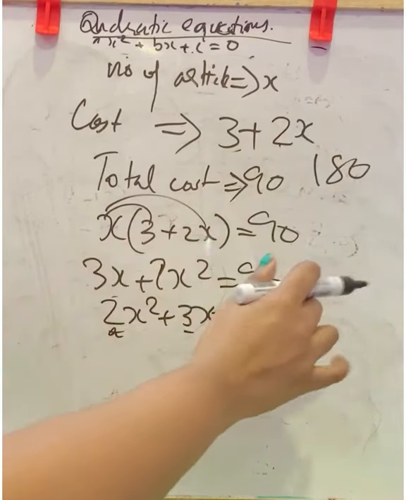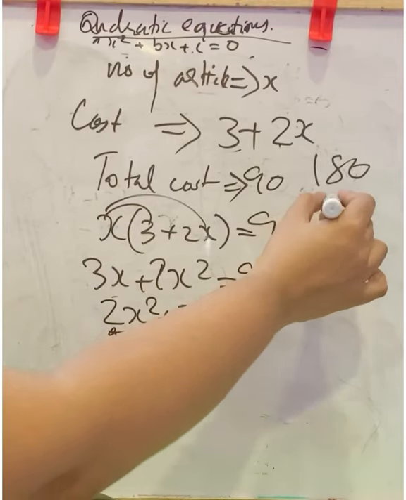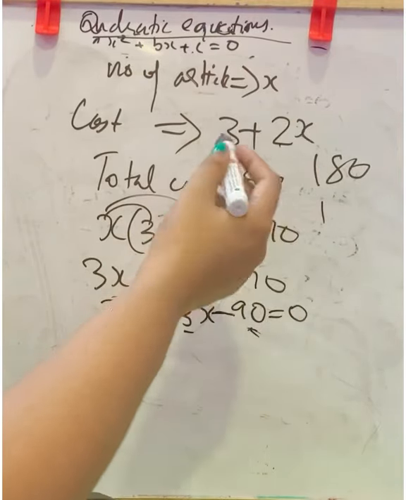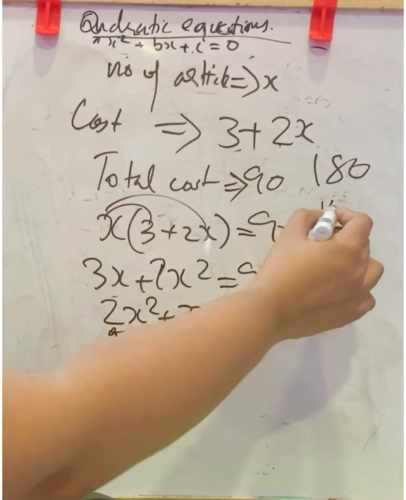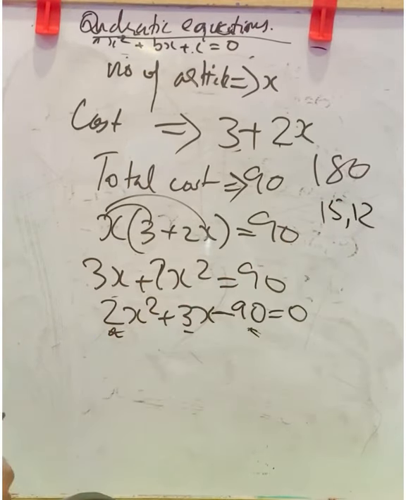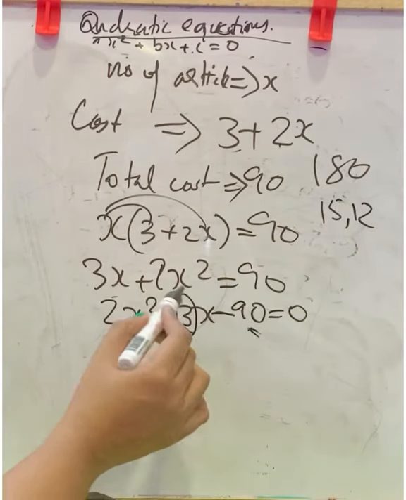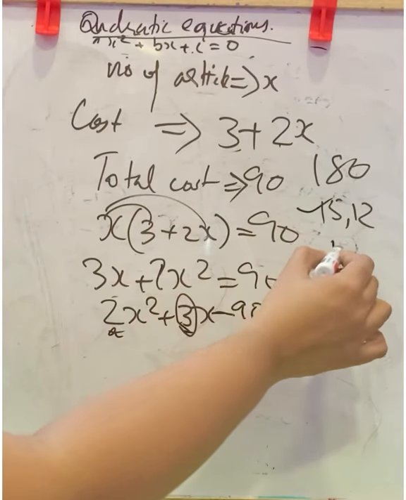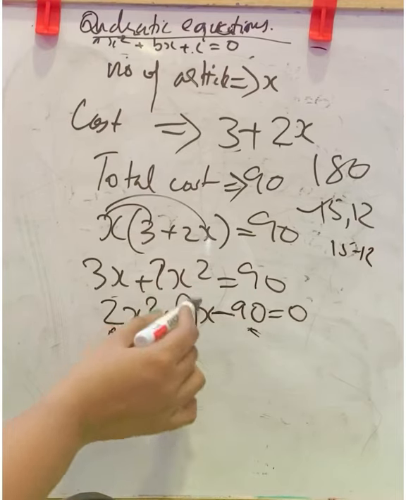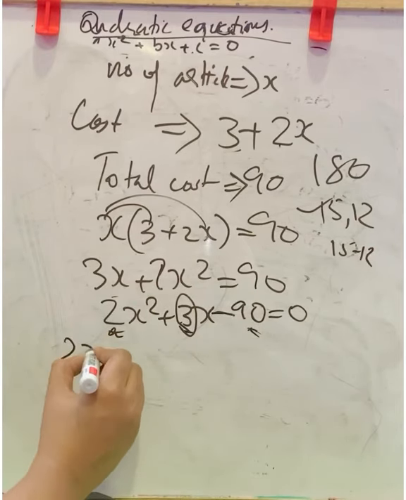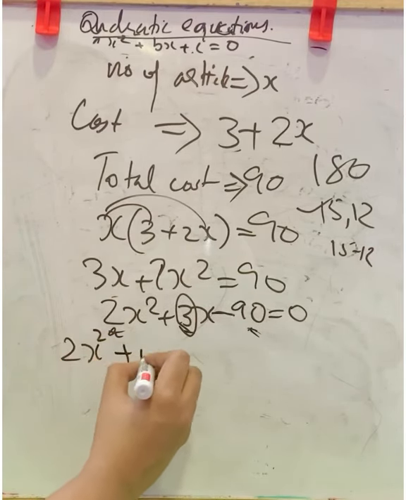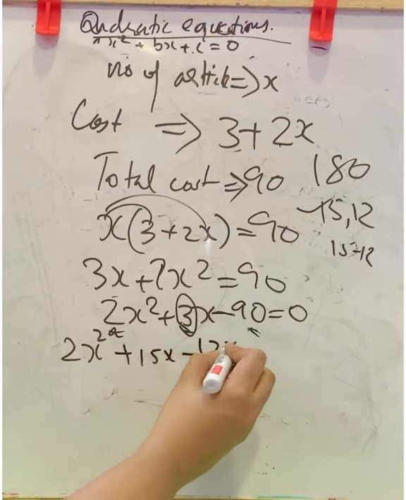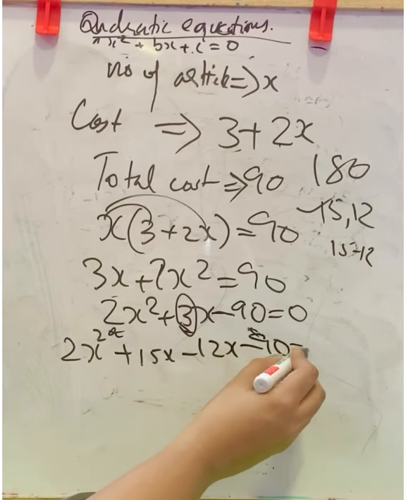After checking all the factors, I am not writing here 1 into 180, 2 into 90 like that, we have 15 into 12 is 180, and to get 3, that is the B term, we will take 15 minus 12, then you will get plus 3. So this can be split as 2x square plus 15x minus 12x minus 90 equal to 0.